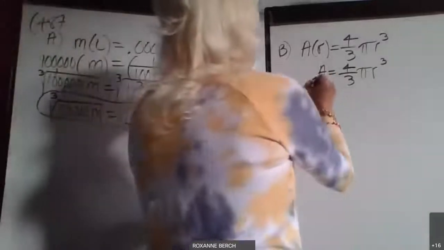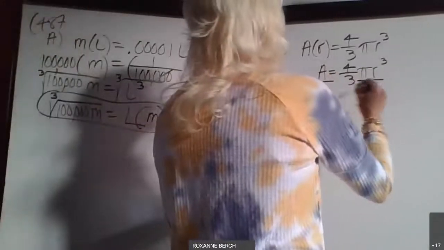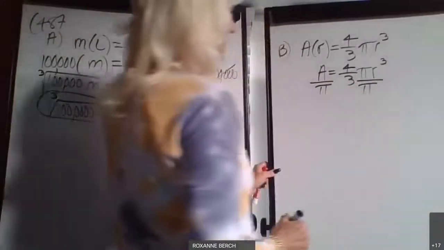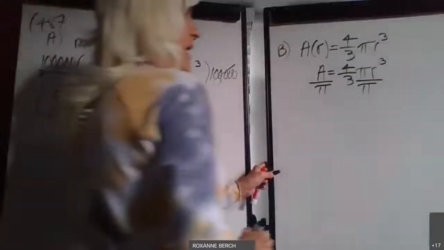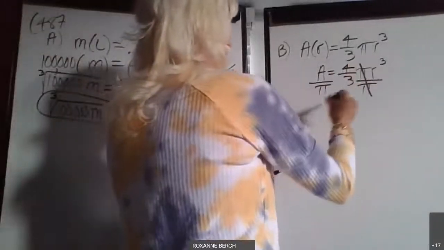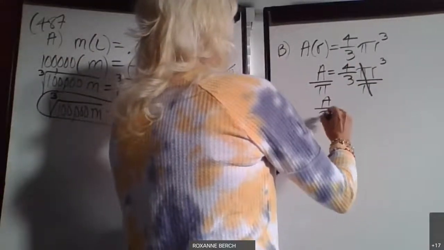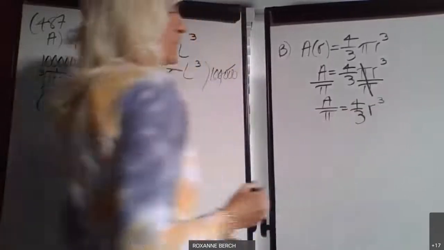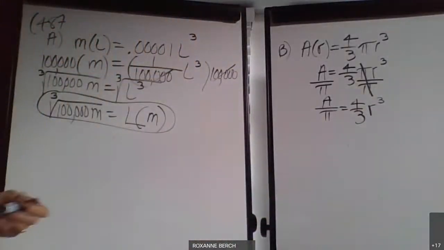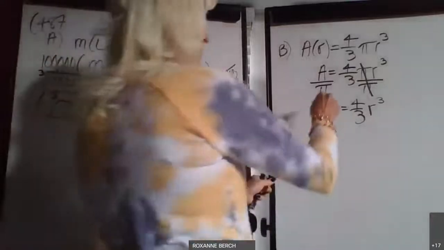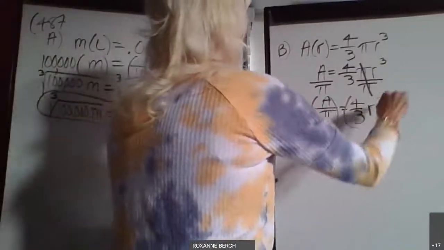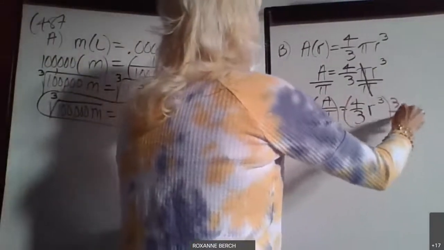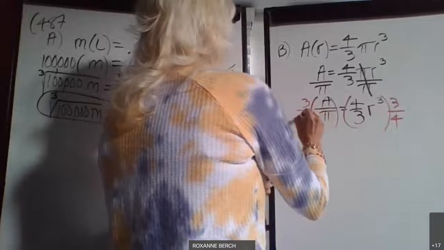So I'm going to divide both sides by pi first. And if you divide by pi, it goes away. So the next thing I'm going to do is multiply by the reciprocal to eliminate the fraction.